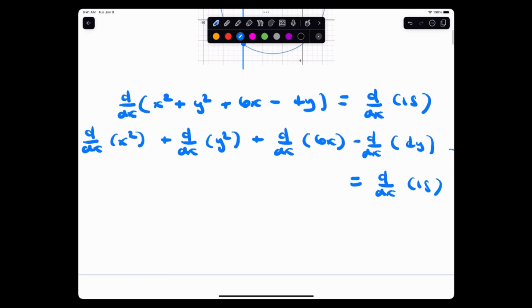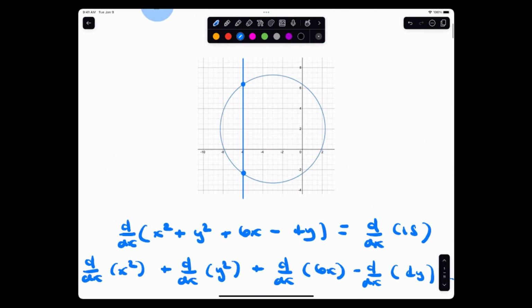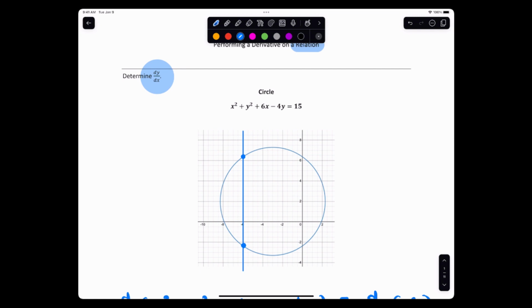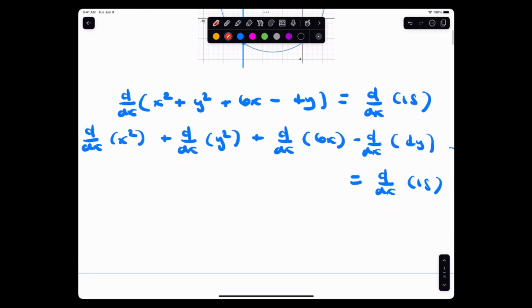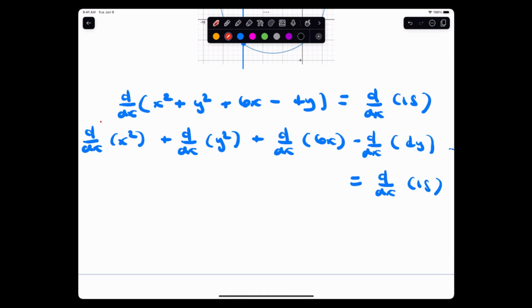Now, once you do this, what do you guys have to do? Differentiate. I want you guys to know here, there's a big assumption. Y is thought of as a function of x. Don't think of that as a constant. So if we differentiate here, we get to use the power rule.